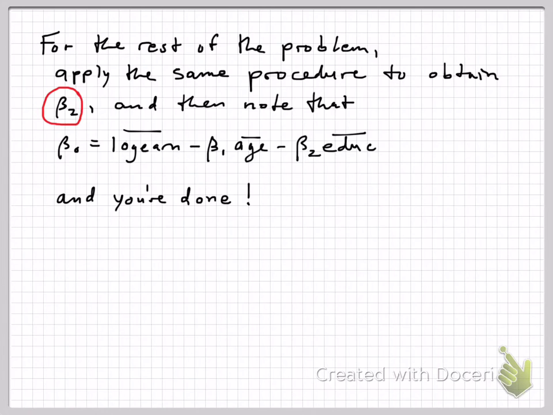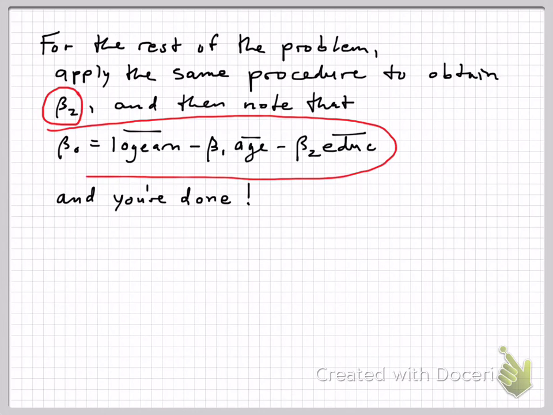And then once you have beta 1 and beta 2, finding the intercept for that regression is trivial because it again uses the rule that it passes through the means of the x variables. And so that's going to be all based on information that you'll have once you find what beta 2 is. And voila, you are done. And that's how we can apply regression anatomy to get coefficients for a multiple regression.